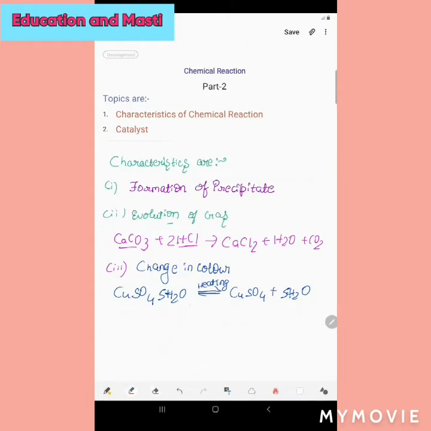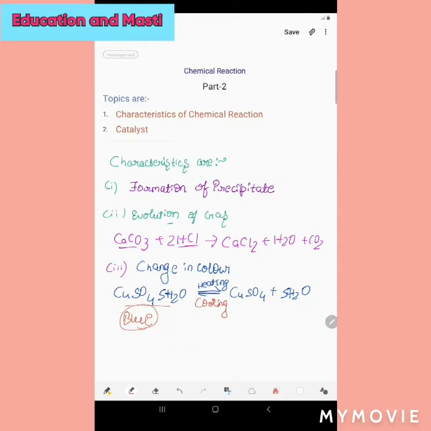So what can be understood by this? In some reactions this cooling effect is also used. By this we can conclude that in some reactions there is a color change when we heat it. There are many reactions of this type. As I told you, this is blue copper sulfate, but after heating it lost its color and became white, and after cooling it changed back to its own color.